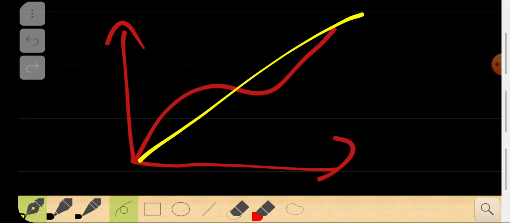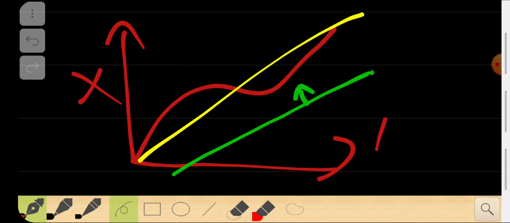What you can actually do is draw another parallel line, and you can move around this line until you hit a point where the slope of that line is equal to the slope of the graph. So the displacement versus time slope will meet with the velocity versus time graph's slope.